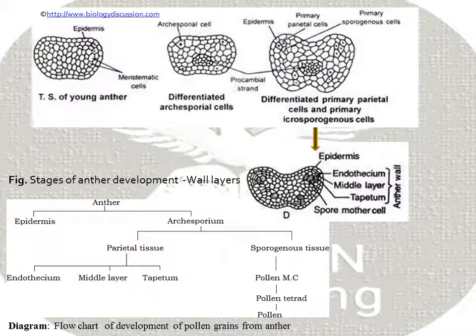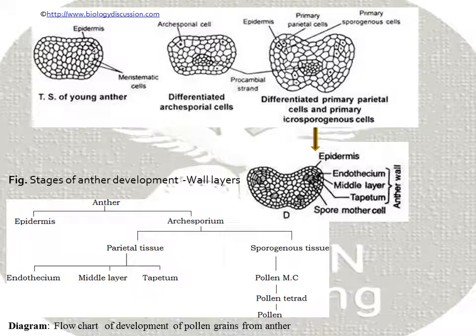Now, next, figure discussion. Now, describe the stages of anther development. First of all, TS of young anther. We can see epidermis and meristematic cells. Next figure, differentiated archesporial cells.